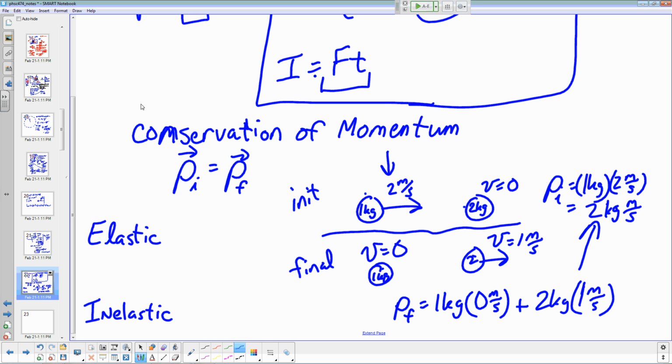In an elastic collision, I just forgot what elastic. What does elastic mean? You conserve momentum and energy, right? Yes. All right. So yeah, we conserve momentum.